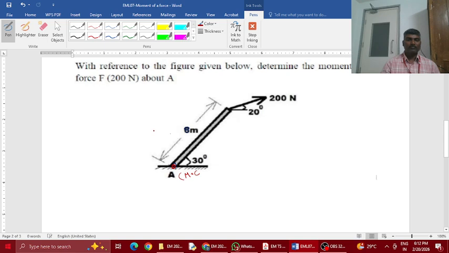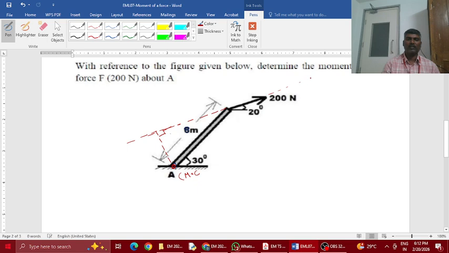Okay, now let us try extend the line of action of this force. So this is its line of action. Now, according to the definition of moment, I need to draw a perpendicular line from this line of action of the force.